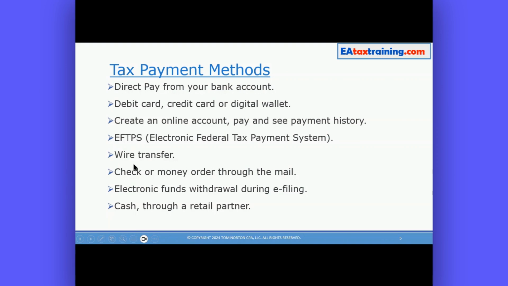You can pay by wire transfer. You can send a check or money order through the mail. You can use electronic funds withdrawal when you e-file your tax return. And you can actually pay cash up to certain limits through certain retail partners that the IRS partners with throughout the US. So that's your payment options.